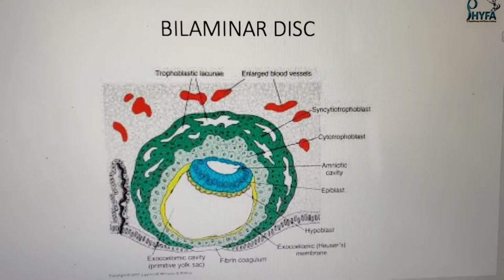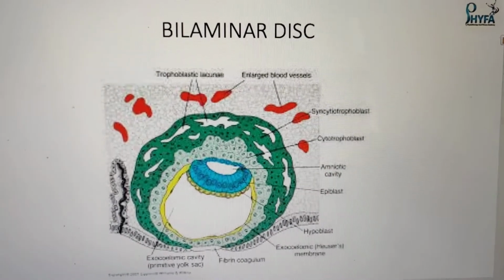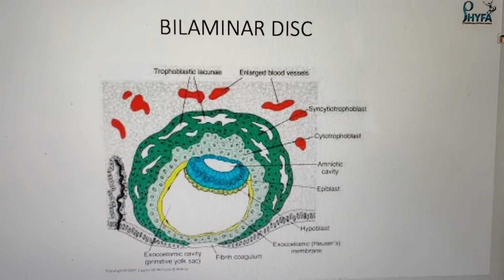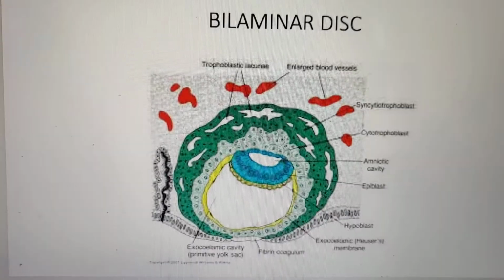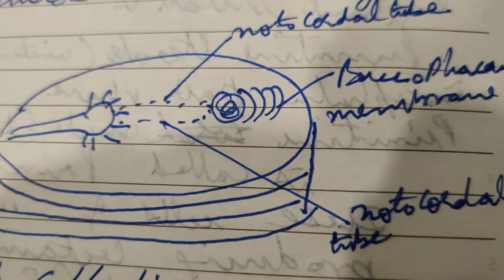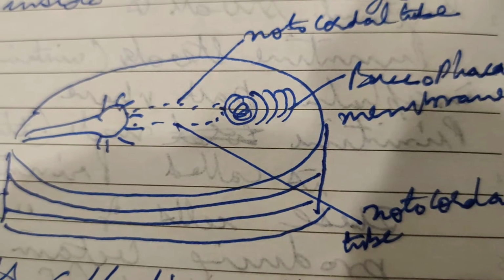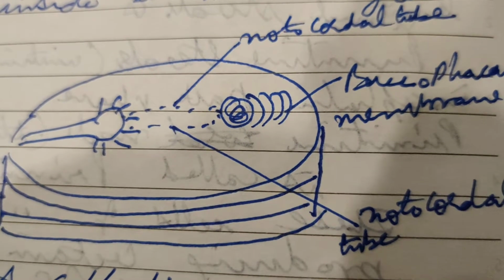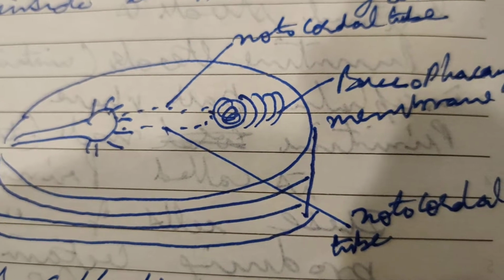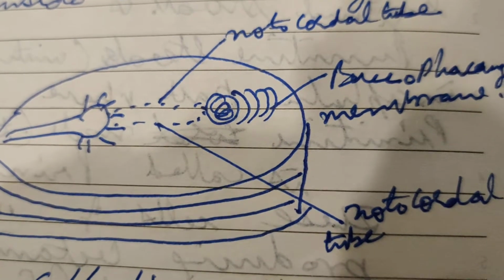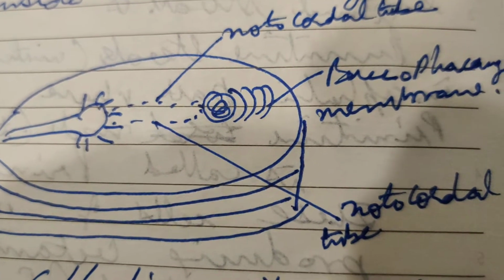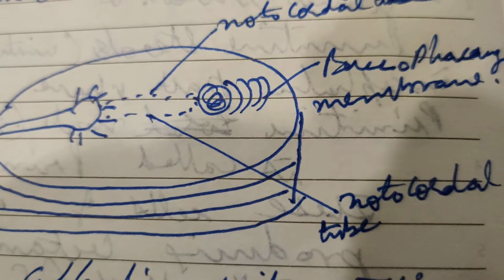Now I want to tell you one more very interesting thing. We know that bilaminar and trilaminar discs were round, circular, and we saw that at the primitive groove, that is the caudal end, we are losing the cells, as all the cells when they proliferate, they enter inside the groove and down, make mesodermal, endodermal layers.